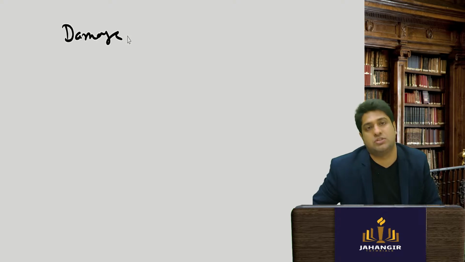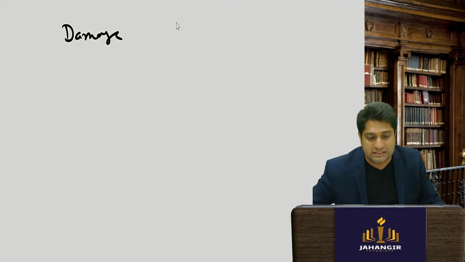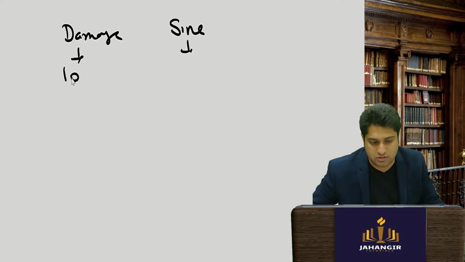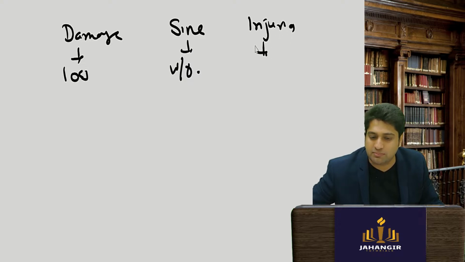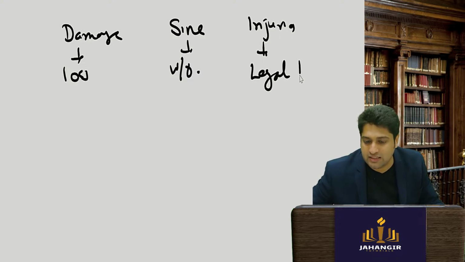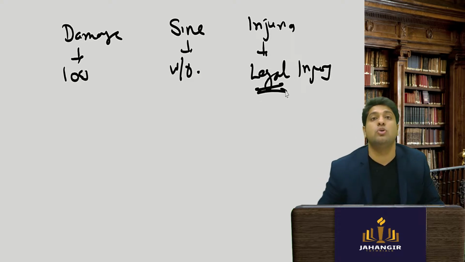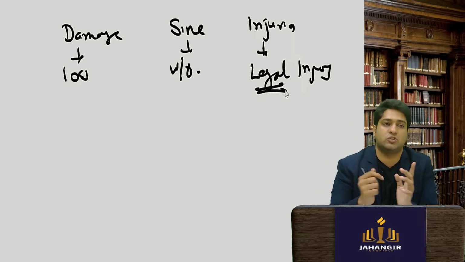Damage means a loss. Sine means without. And injuria means legal injury. So the only word you have to keep in mind is legal injury. In the eyes of law, there has to be an injury.